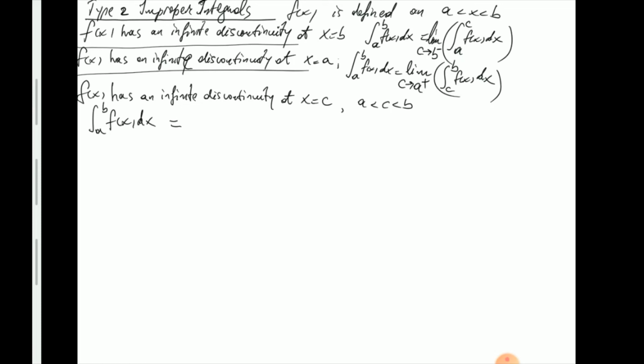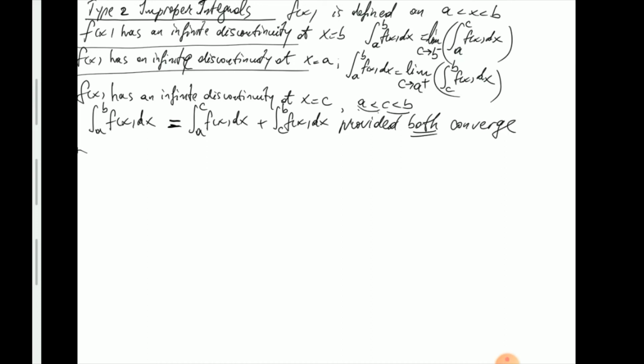In that case, the definition of this improper integral depends on whether the following improper integrals exist. So you simply break down the integral between a and c and c and b. So this is going to be the integral from a to c of f of x dx, which is itself improper, plus the integral from c to b of f of x dx, provided both converge.